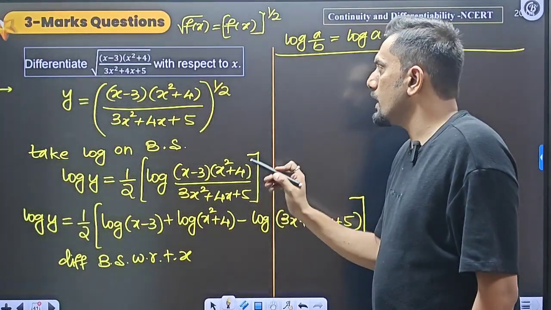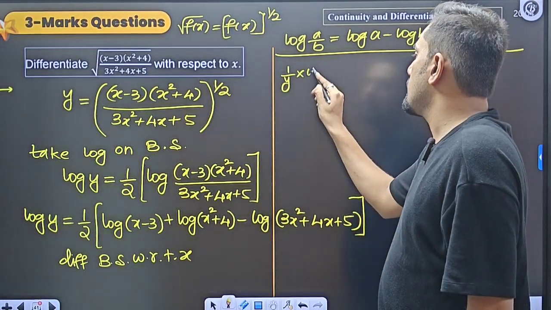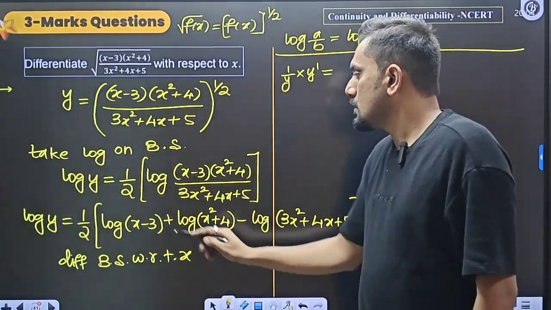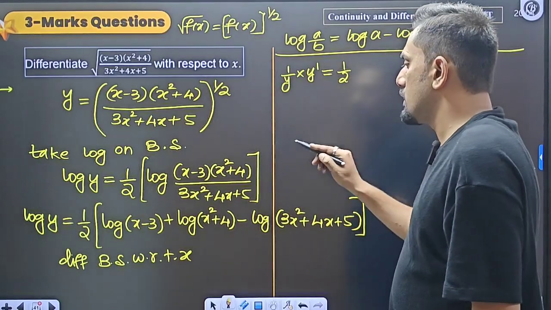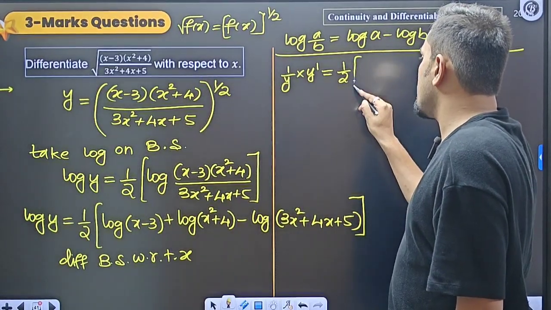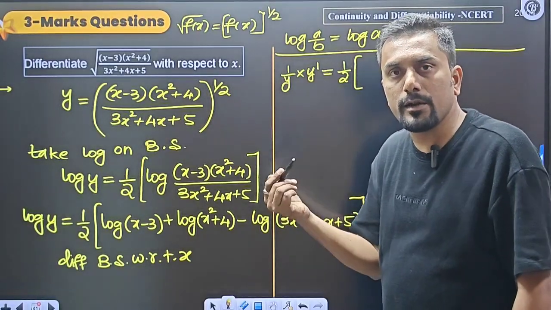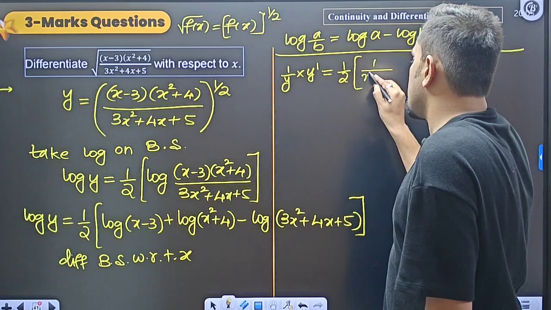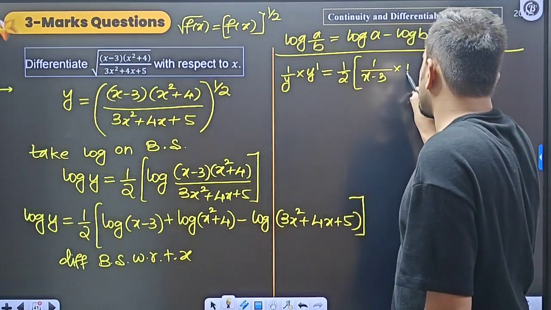Derivative of log y is 1 divided by y into dy by dx or y dash, and that is equals to 1 by 2 as it is, 1 by 2 into, what is the derivative of log of f of x? 1 divided by f of x into derivative of f of x. So 1 divided by x minus 3 multiplied by derivative of x minus 3 is 1.